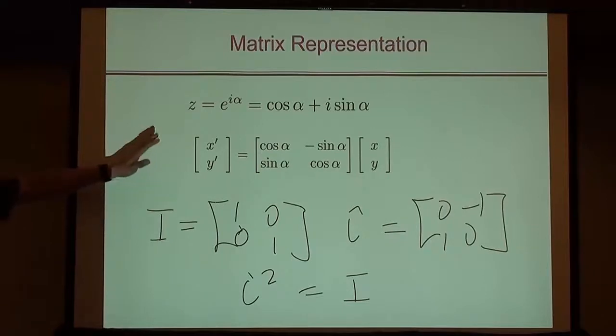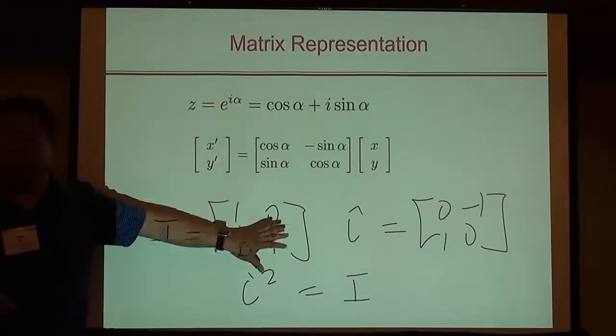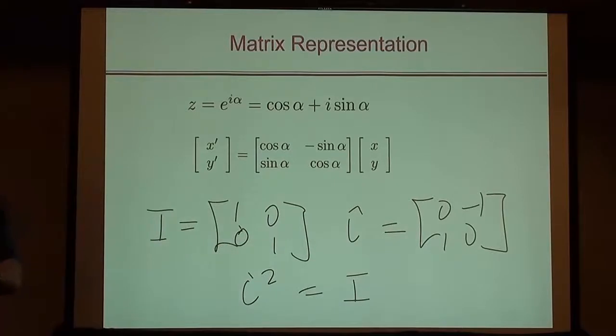Okay, we will talk about that. You will see that it's not so obvious. But if you look at it from matrix representation, then it becomes very obvious from a rotation operator perspective.